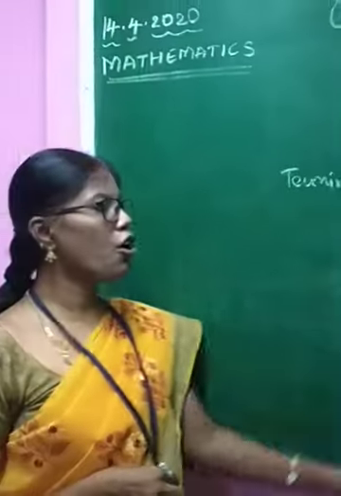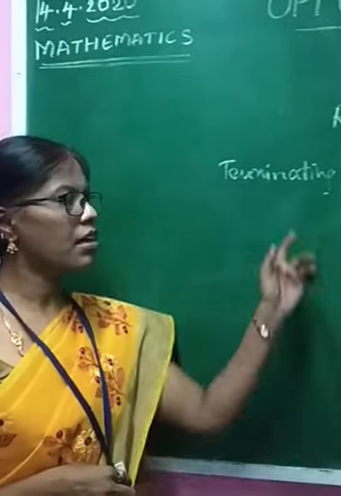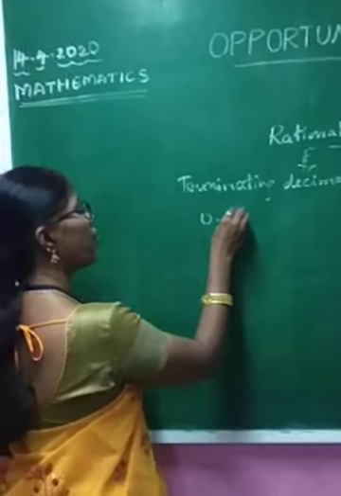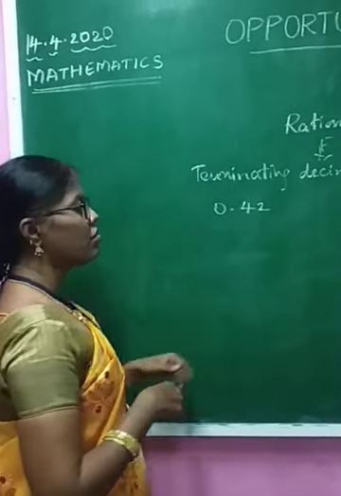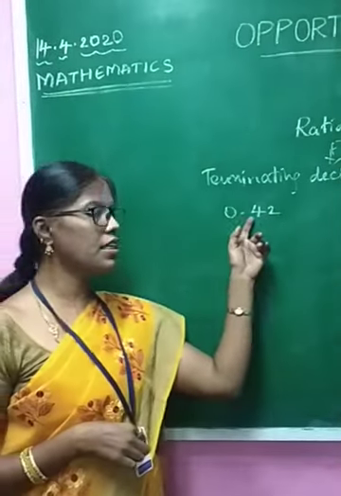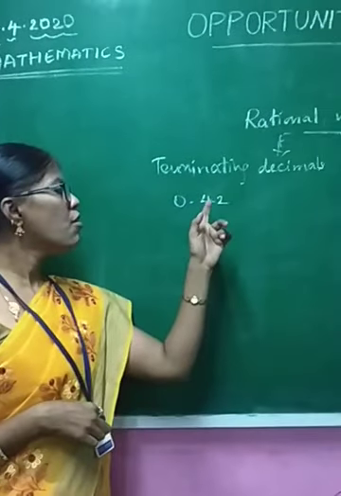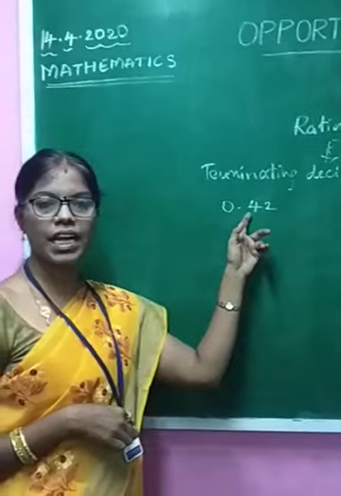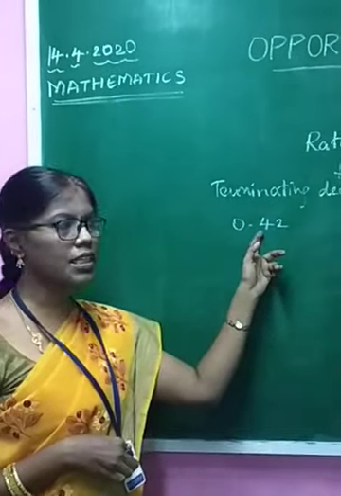Terminating decimals and non-terminating recurring decimals. Terminating decimals, you know. So here 0.42. If you observe, after the decimal point we have a finite number of digits. So here we have 2 digits, so we can say that it is a terminating decimal.